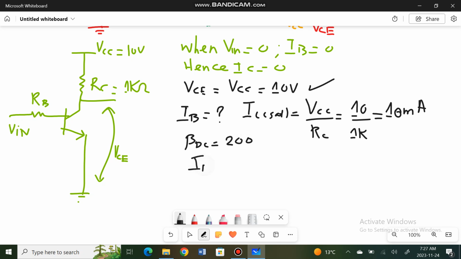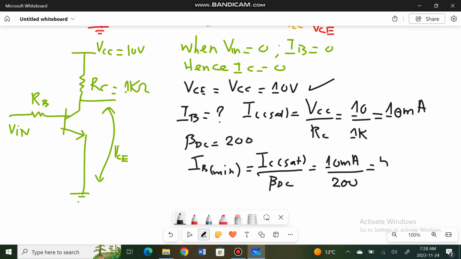From here, I can find the minimum base current required to send the transistor into saturation, which is equal to IC saturation divided by beta DC. So 10 milliamperes divided by 200 will give me 50 microamperes base current. This is the minimum current required in order to send the transistor into the saturation region.